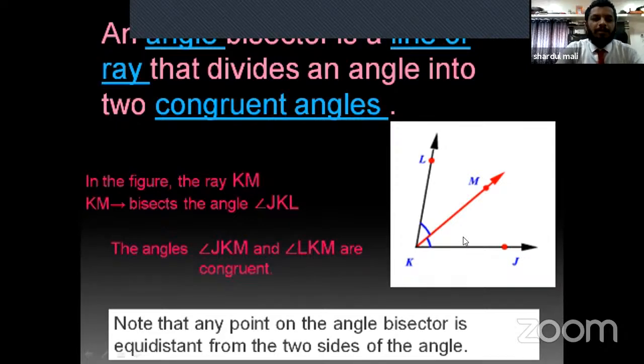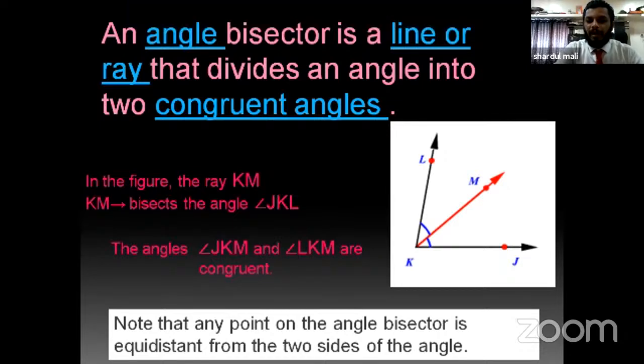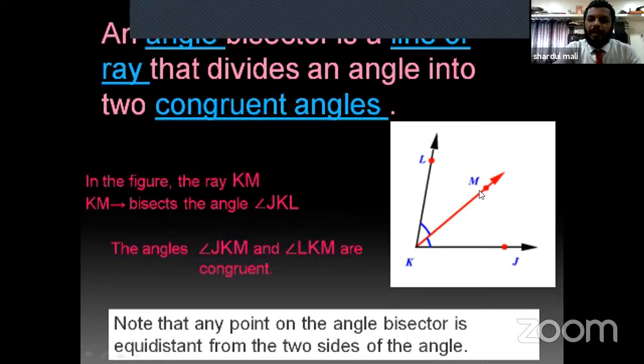In the figure, ray KM is an angle bisector, and ray KM bisects angle JKL. After bisecting the angle with the angle bisector, the two new angles made here are angle LKM and angle MKJ.